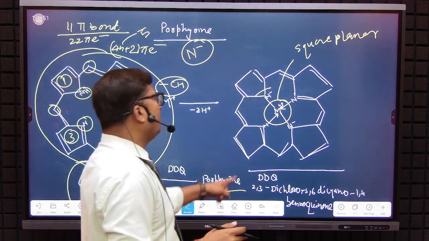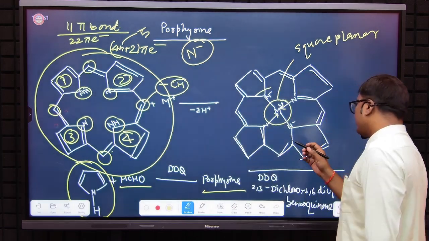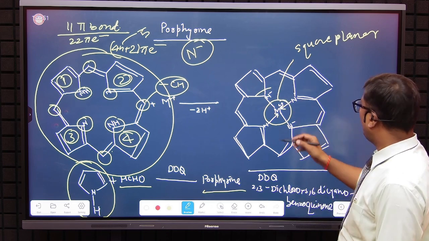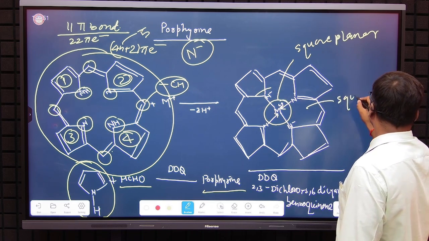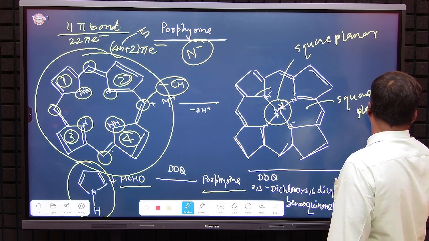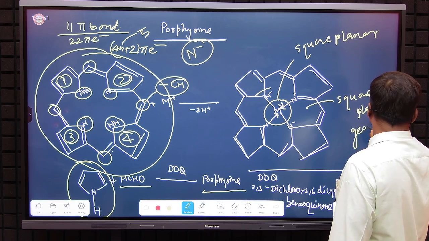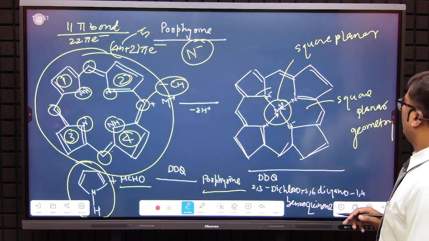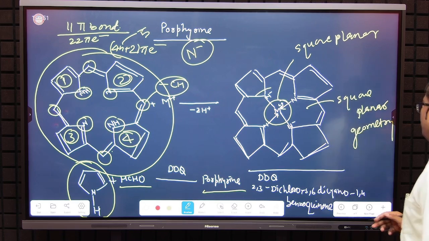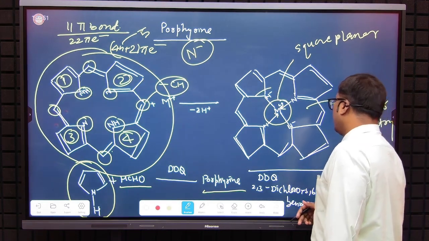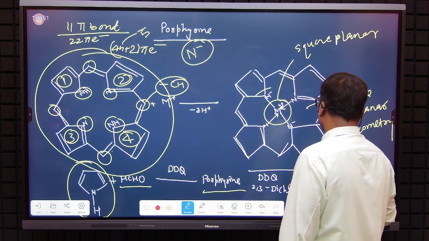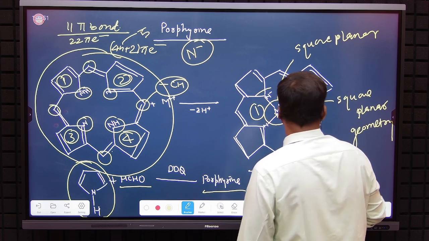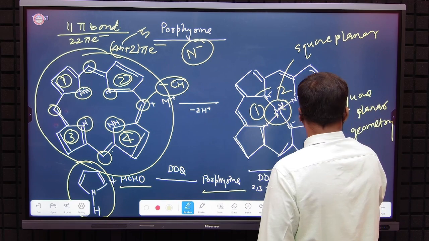So once the metal cation is fitted in this hole, it forms a square planar geometry, right? Planar geometry. And it has more ring structure. Actually, this is 1, this is 2, this is 3, and this is 4.